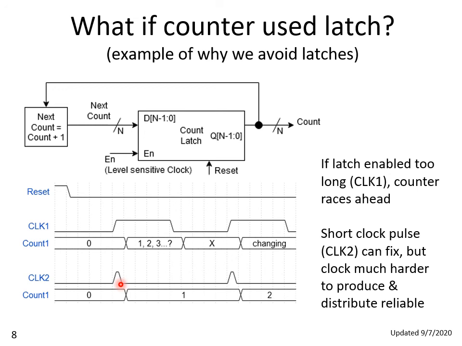So this isn't really a very reliable method of doing things. That's not the only reason we avoid latches, but it's a fairly strong reason: we want to avoid unpredictable behavior, and we want to avoid having a design that's overly sensitive to the delays in the circuit. So, end of part 1.